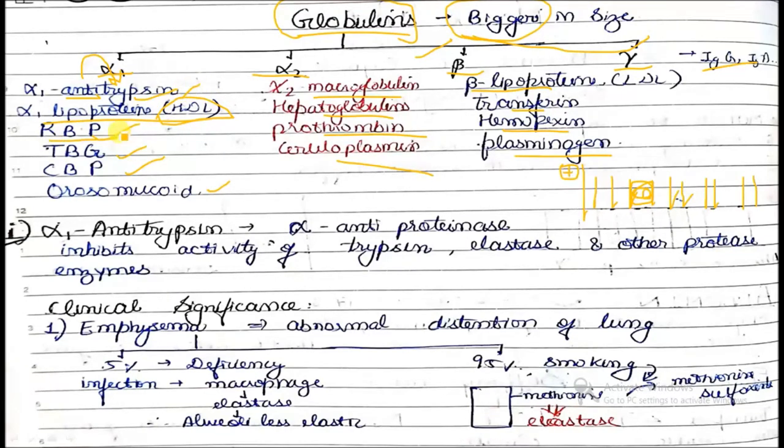RBP, the retinol binding protein, transports vitamin A. TBG, as the name suggests, thyroxine binding globulin, helps in transport of T3 and T4. Cortisol binding protein helps in the transport of corticosterone and other glucocorticoids. Orosomucoid, which you may not have heard about earlier, helps in the transport of progesterone in the blood.